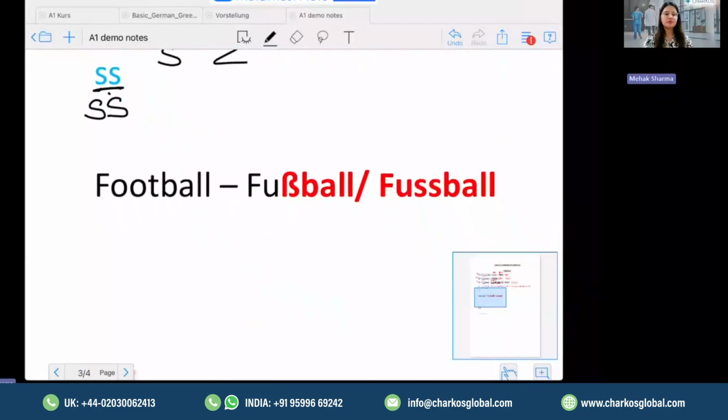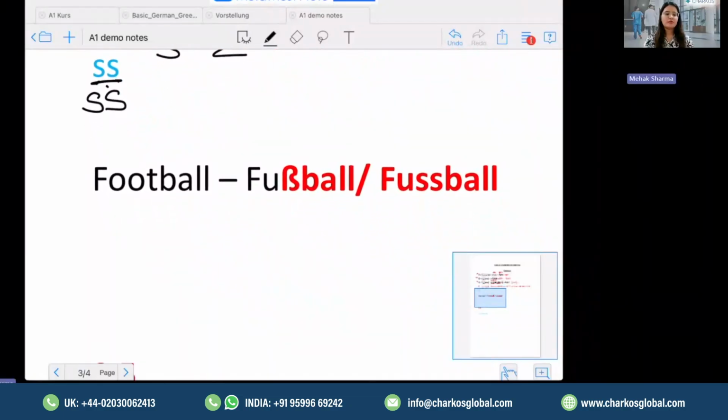Example, football. Football in German is called Fußball. We can write it in this way, Fußball. Either you write it like this or like this. You will not read it as ball because A is A. Ball. Yeah.